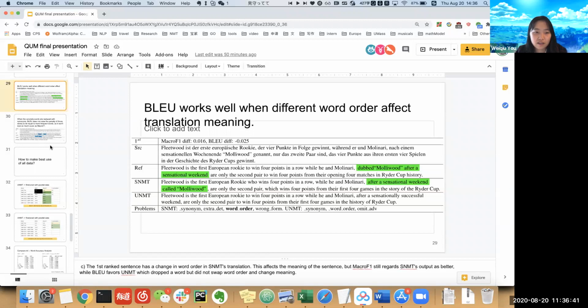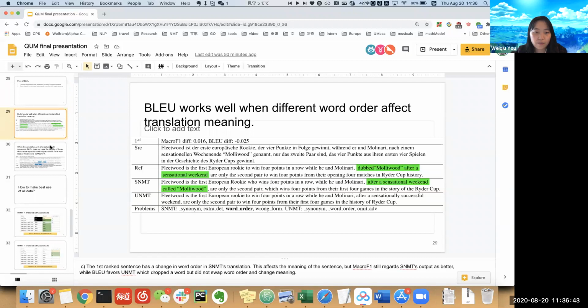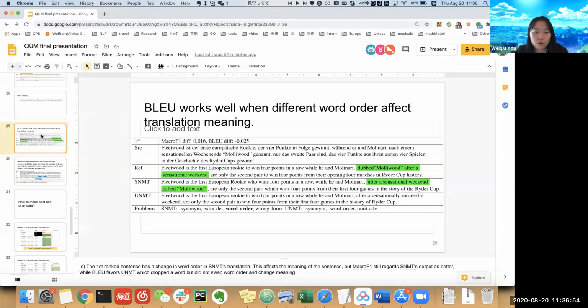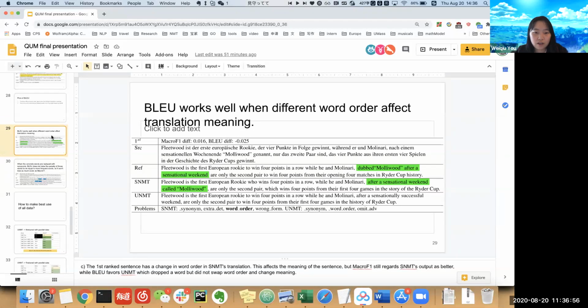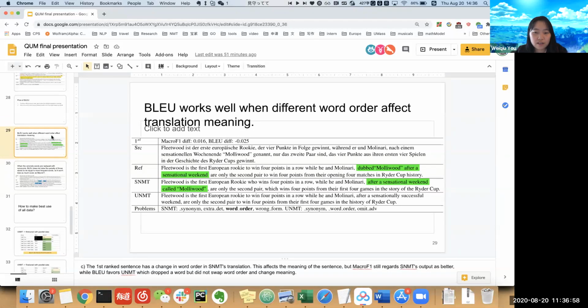But I guess this is just a small analysis, but if we want more rigorous analysis, we might want to have more people annotate it. But it's really hard to look at it quantitatively, like automatically.